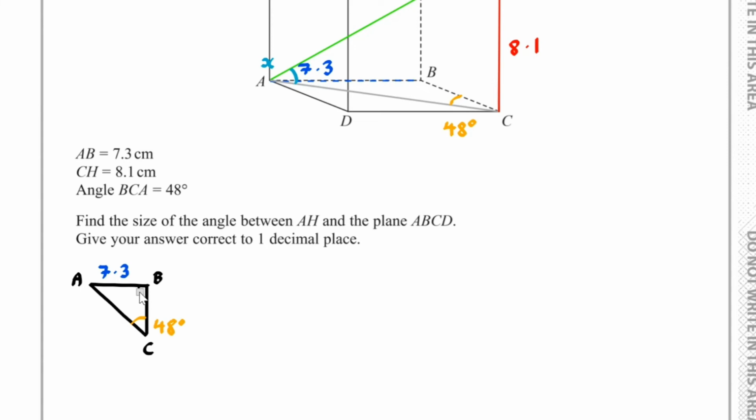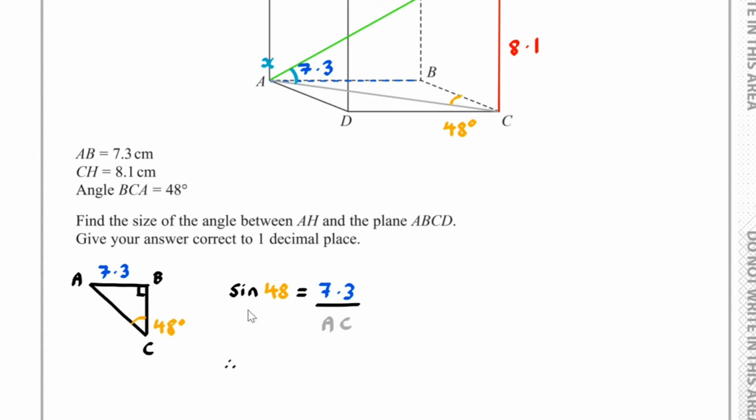So if I find out what AC is, well, I've got the sine of 48 equals 7.3 divided by AC, which is the hypotenuse.